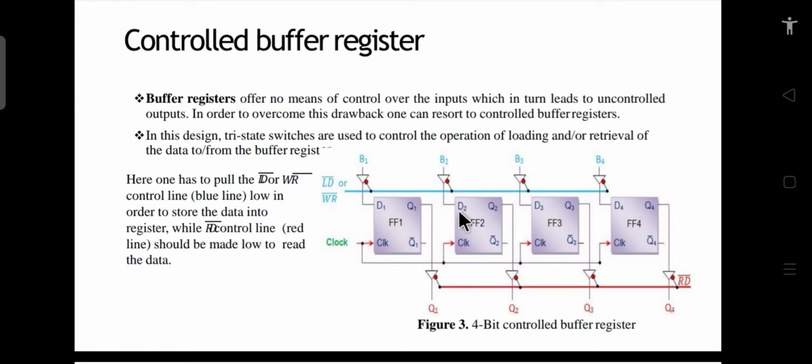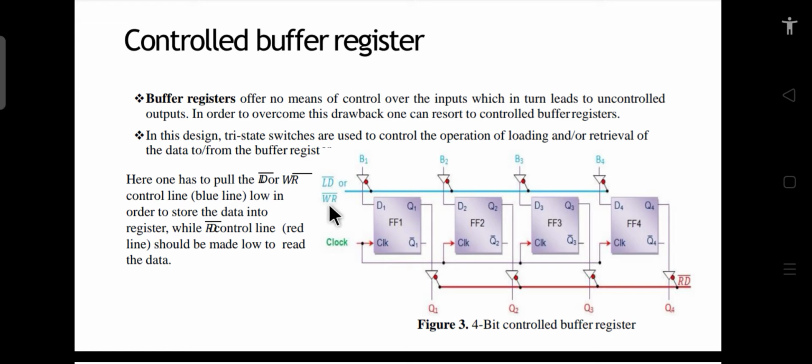Similarly B2 is applied on the input of the D2 flip flop, B3 to D3 and B4 to the D4 flip flop. So this load line controls your flip flops. You can control the write operation by the use of this tri-state buffer and this load line, or the write line.